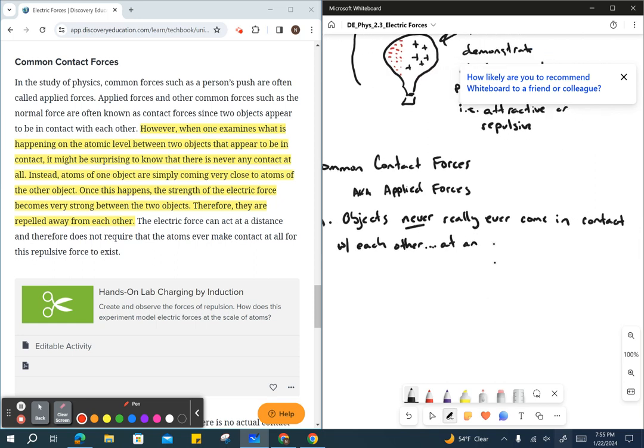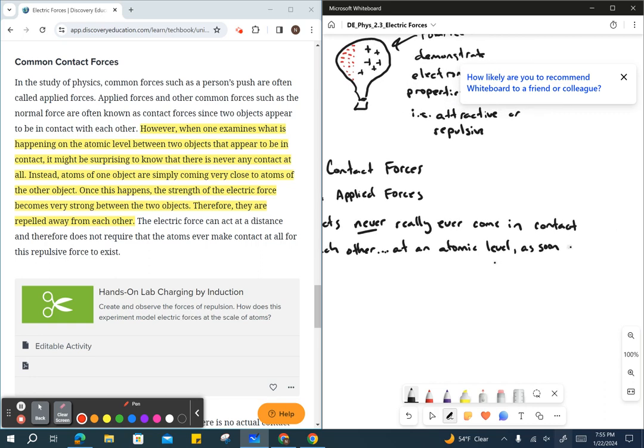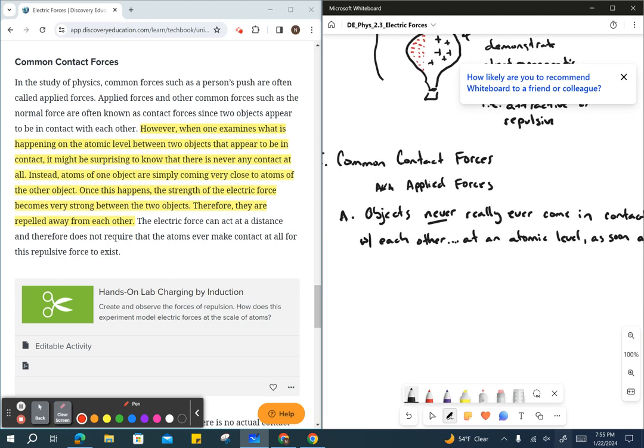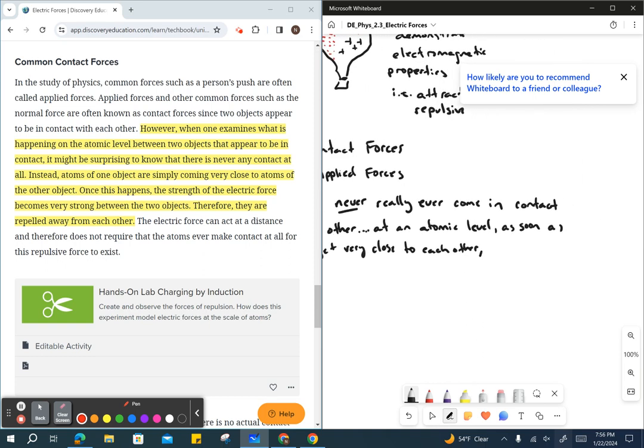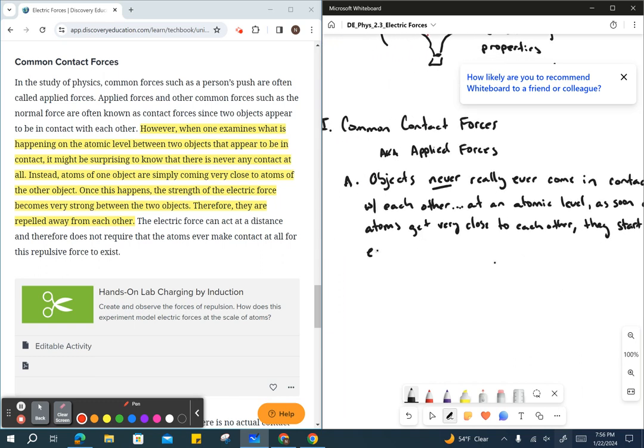At an atomic level, as soon as atoms get very close to each other, they start repelling each other, and we should say very strongly.